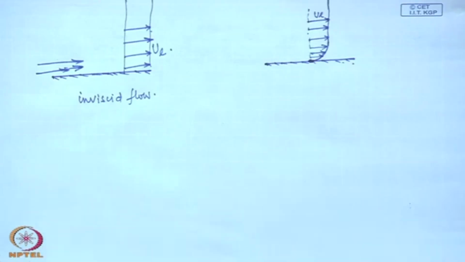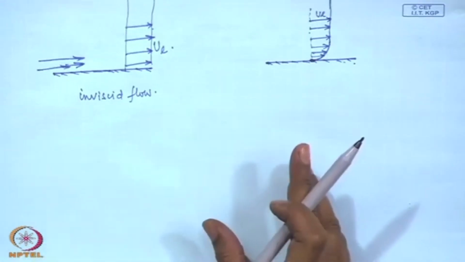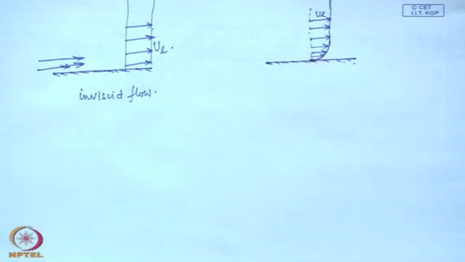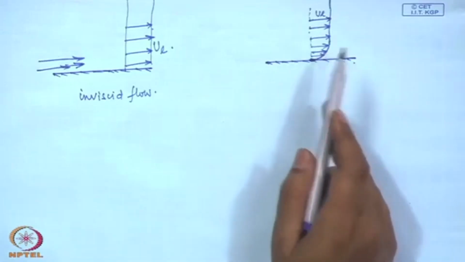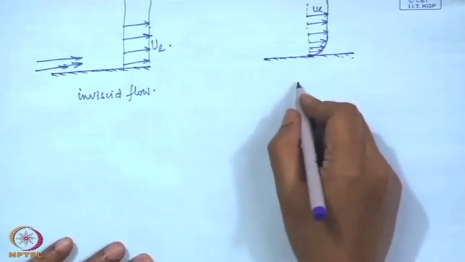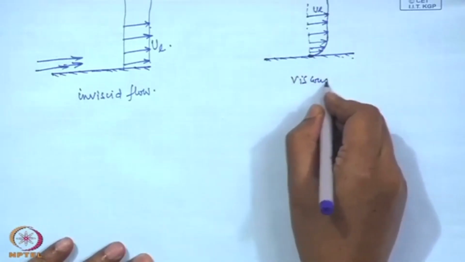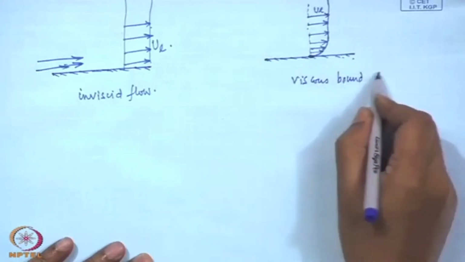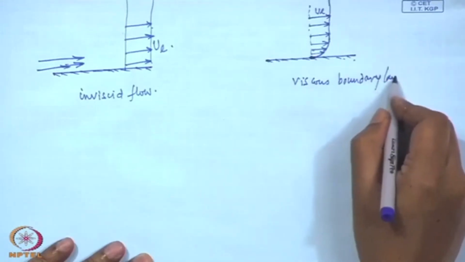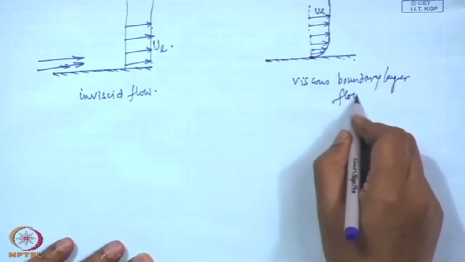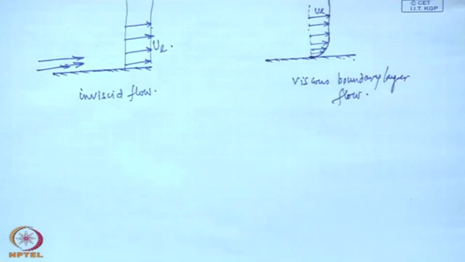Can you see now that due to the presence of this boundary layer, or due to this viscous effect, the total mass flow will be a little less in this case. You see that there is a deficit or defect in the total mass flow. In an incompressible flow, mass flow is equivalent to volume flow.